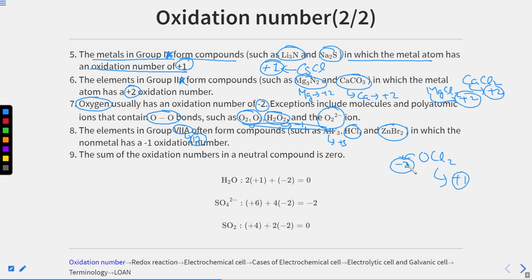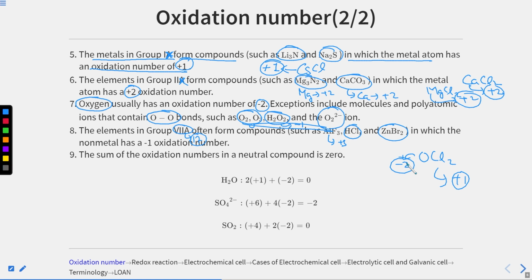So these are all rules that you should remember. So if I get a glimpse of all of those: first was that if we have a homoatomic neutral molecule, then the charge on each of the atoms will be equal to 0. That was the first rule.